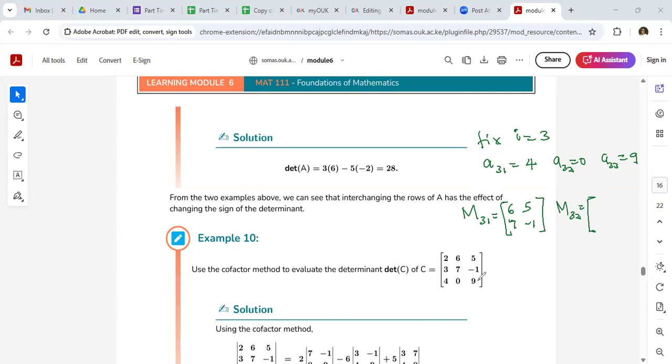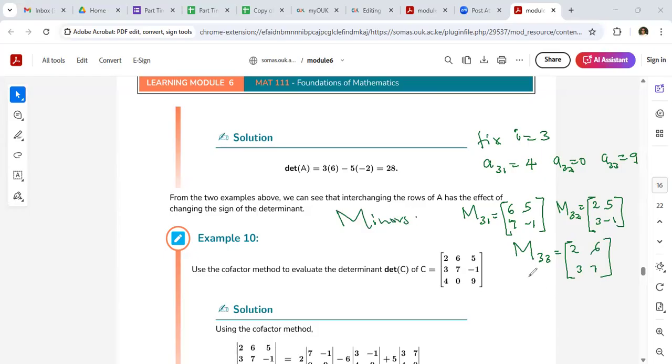Delete third row, second column. So you have 2, 5, 3, negative 1. Then find M33. Delete third row, third column. 2, 6, 3, 7. So we have found the minors.